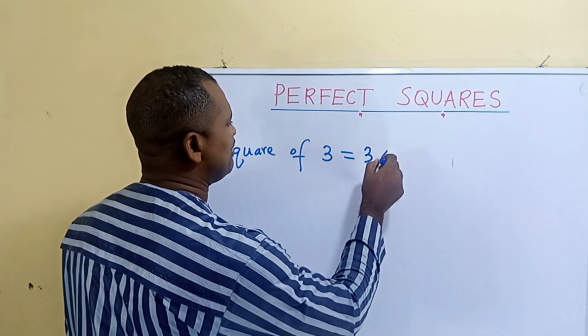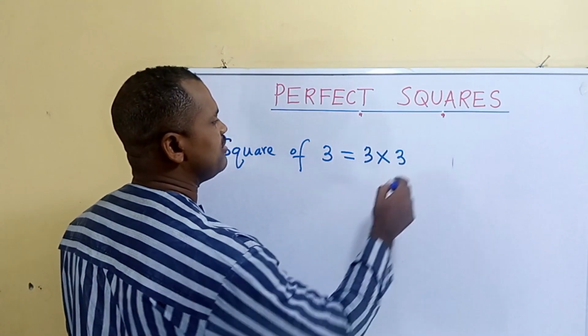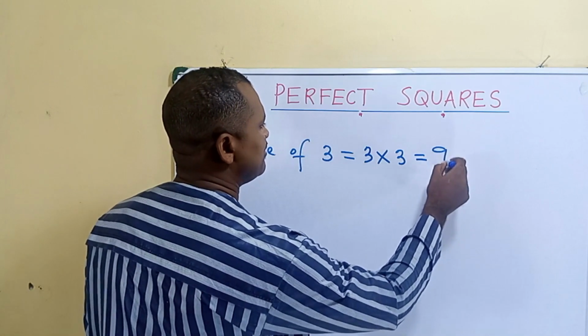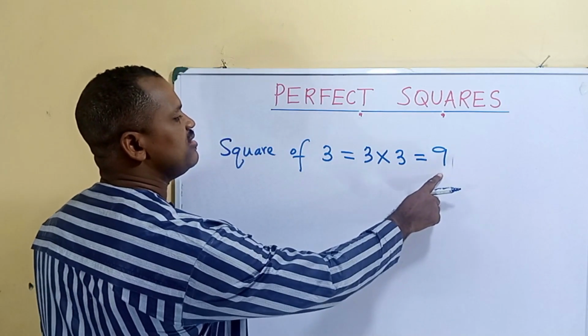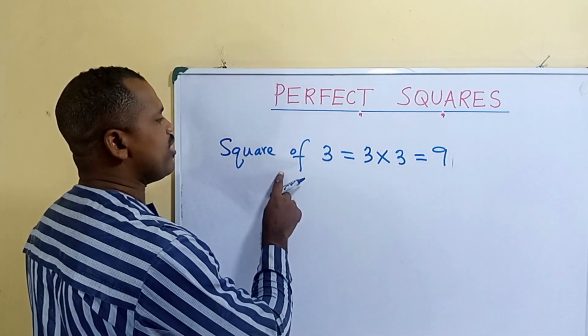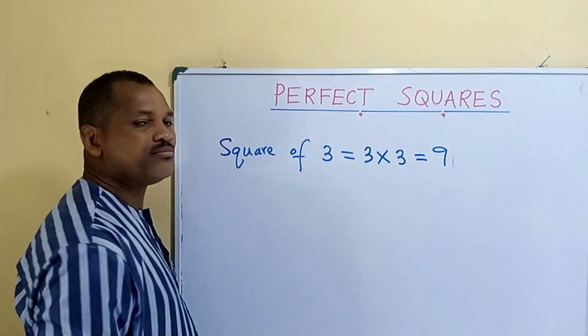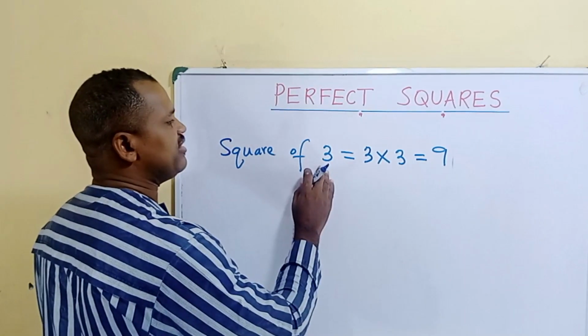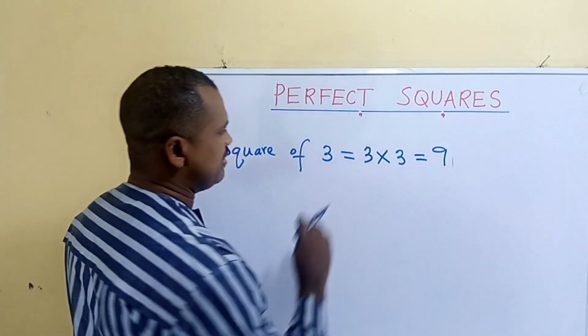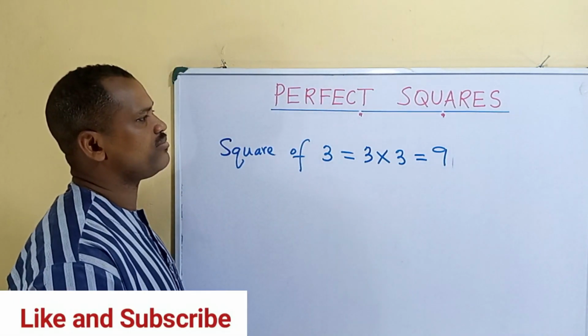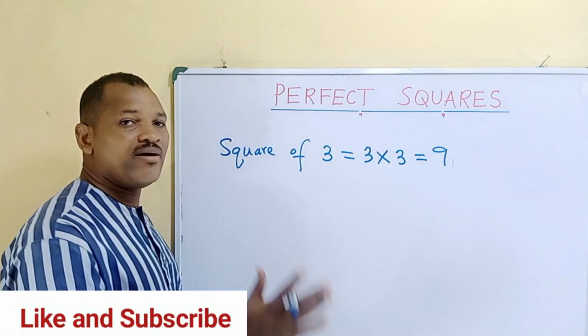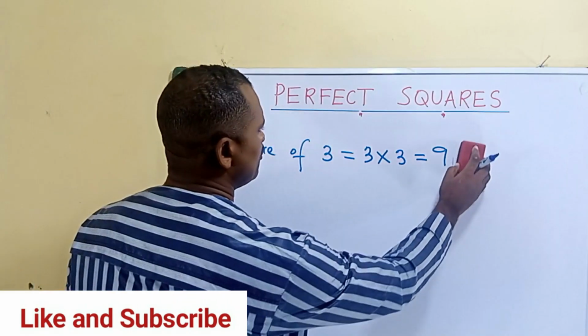So 3 times 3 gives 9. So 9 is the square of 3, or the square of 3 is 9. That was what we treated in our previous video.